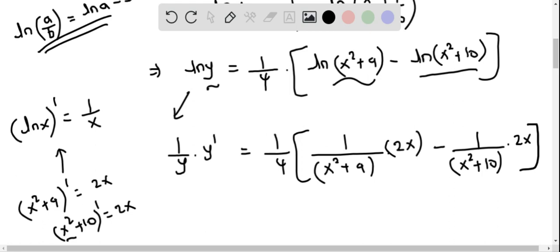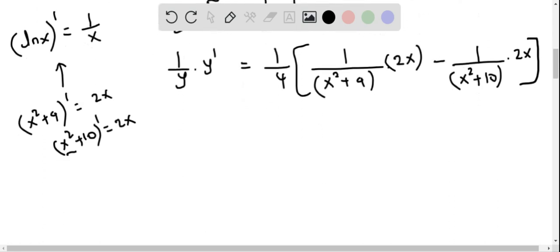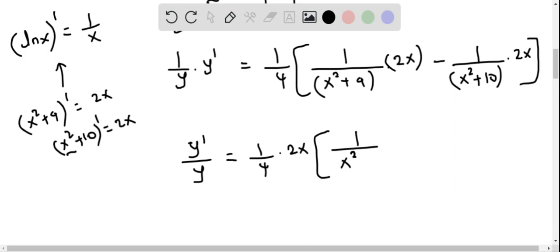You see that we have the common factor 2x in the brackets, which I'm going to factor out. So on the left side, we have y prime over y, and this equals 1/4 times 2x times (1 over x squared plus 9 minus 1 over x squared plus 10).